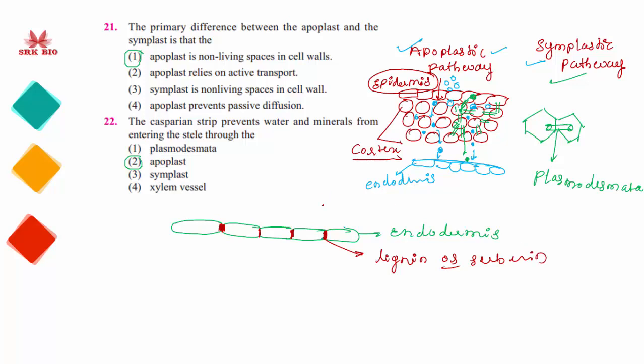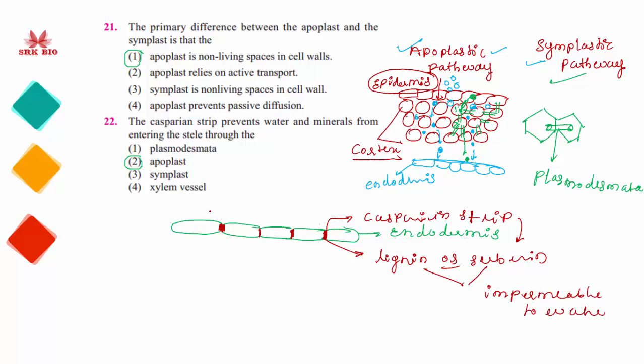And this particular strip is called the Casparian strip. As it is made up of lignin or suberin, it is impermeable to water. Say, for example, the water molecules have reached the endodermis.